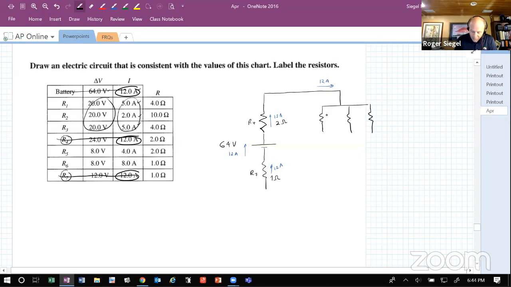R1 is going to be 4 ohms, R2 is 10 ohms, and R3 is 4 ohms. It does not matter for this problem in which order I put these. They are interchangeable for the way this problem is written. And notice they have the same voltage drop.